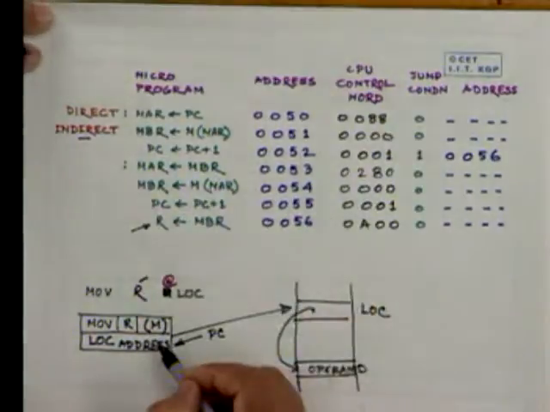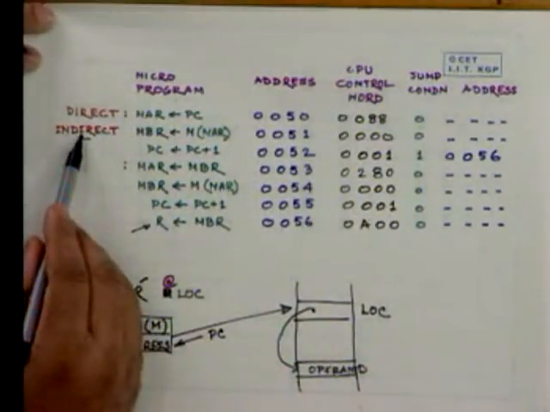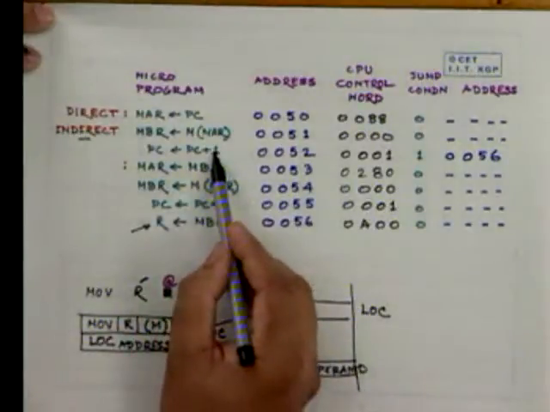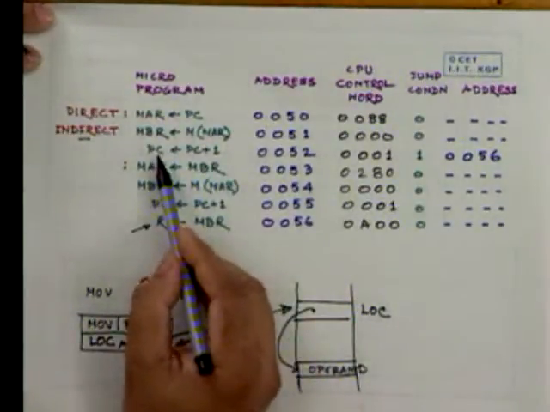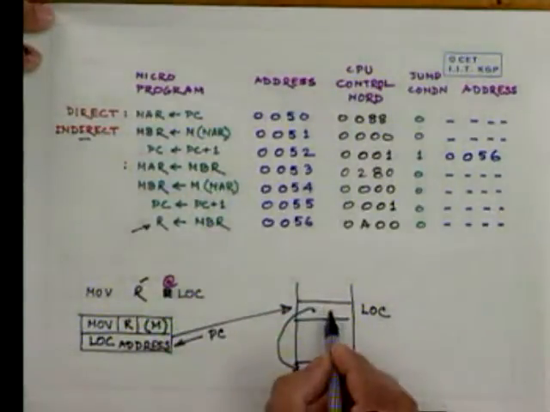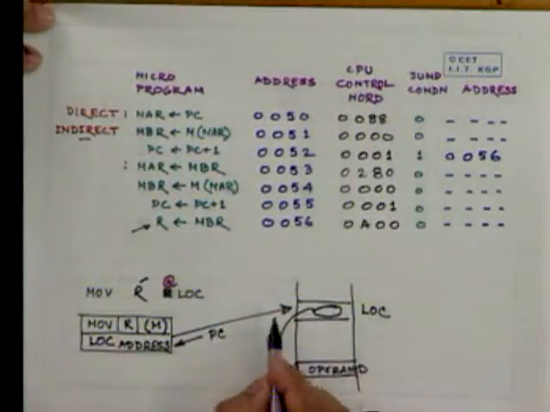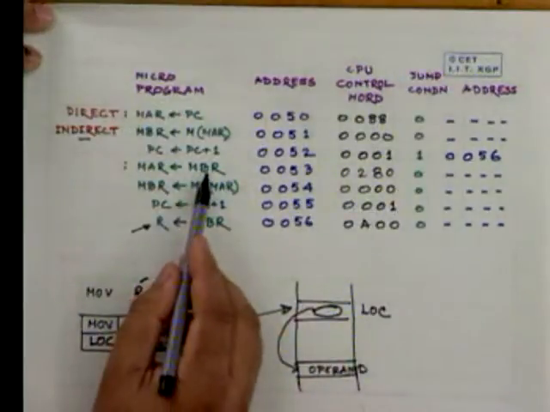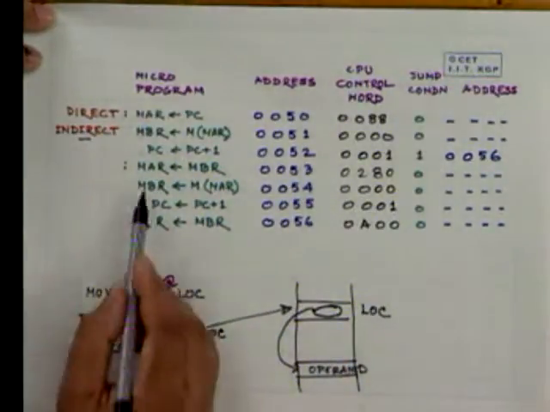Now, if that be the situation, then in the case of an indirect addressing, after the program counter is incremented here, the content of the memory buffer register, which now contains the content of the location, should come to the memory address register once more.